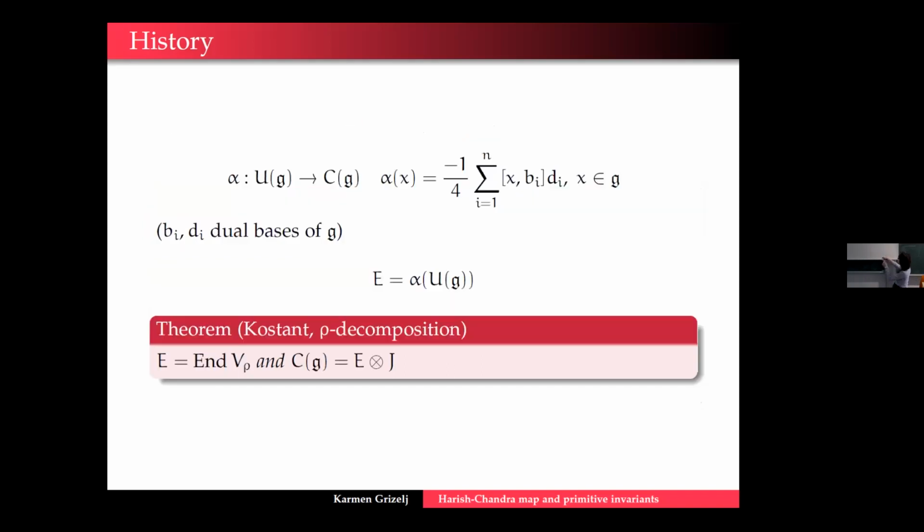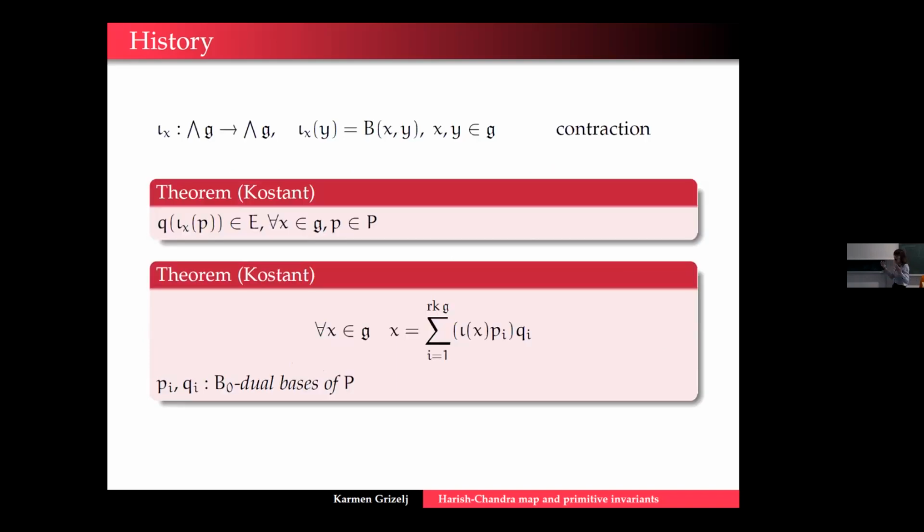Remember the theorem that the Clifford algebra is the tensor product of E and J. Okay, good, but we don't know how this E and J sit in this decomposition. We get an element of a Clifford algebra, but we don't know how to express it in terms of this tensor product. Unfortunately, that still remains as it is.